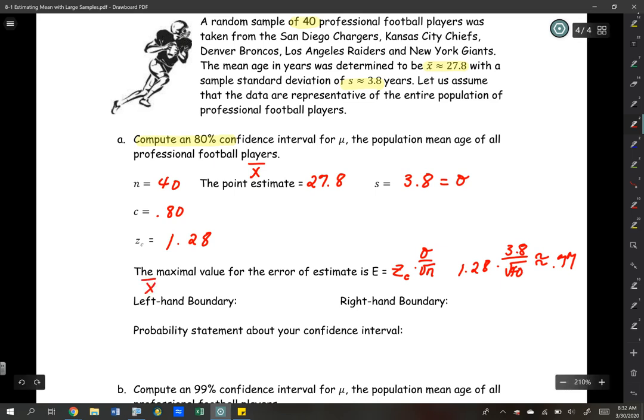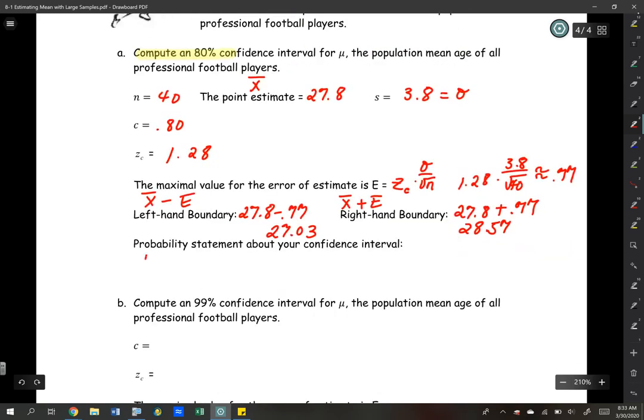We have our left-hand boundary and our right-hand boundary. So we're going to have 27.8 minus 0.77 and 27.8 plus 0.77. So we get 27.03 and we get 28.57.